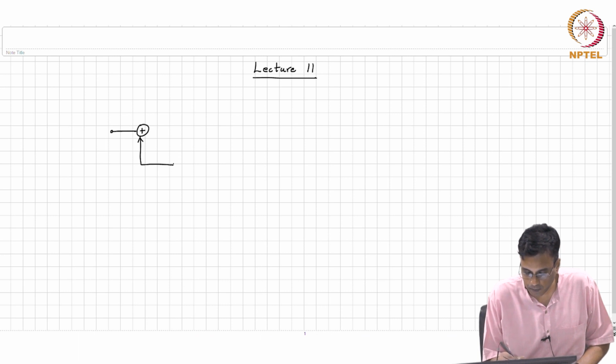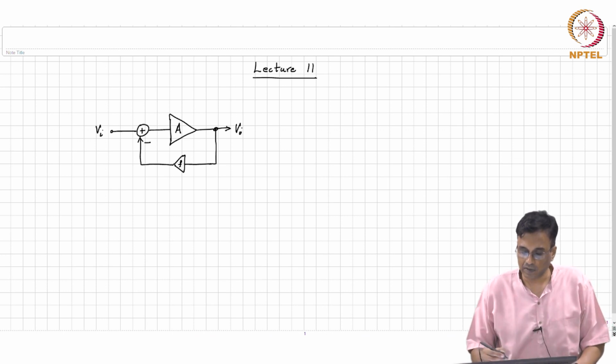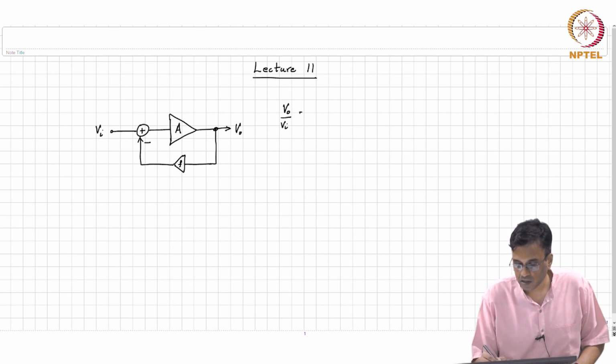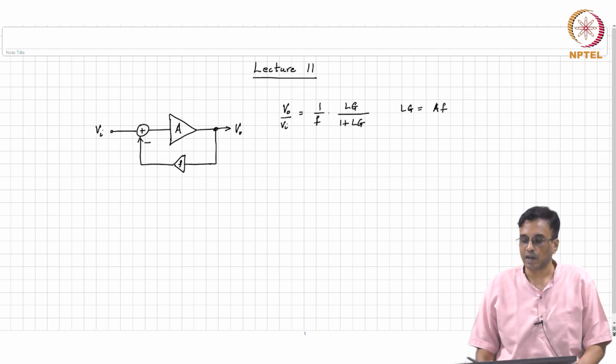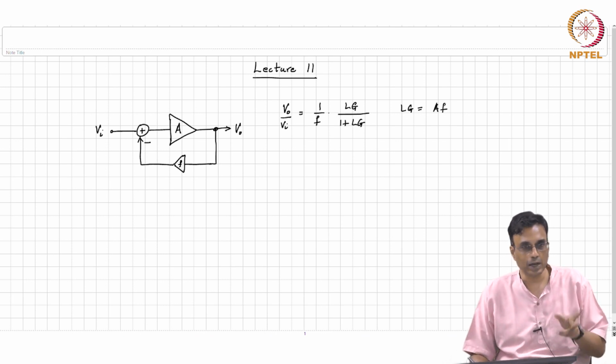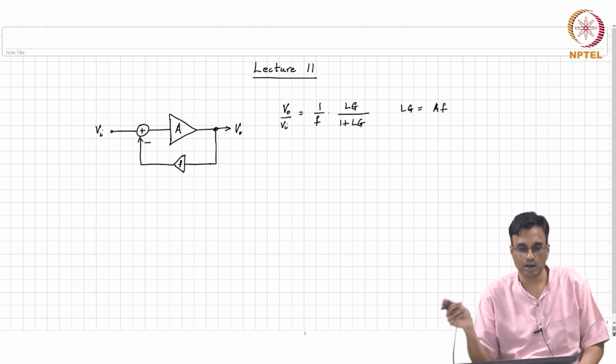This is lecture 11. In the last class, we were looking at the basic negative feedback loop, where you have a feedback block and a forward amplifier. This is Vi, this is Vo, and we said that Vo by Vi is 1 over F times the loop gain by 1 plus loop gain, where the loop gain is A times F. It is physically interpreted as the gain that you get when you break open the loop, excite one side and see what comes back on the other side.